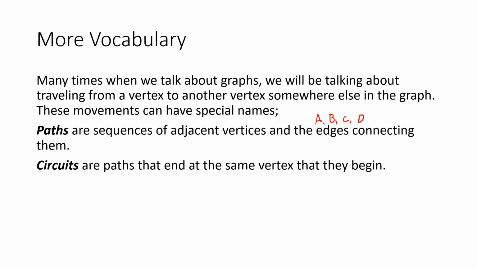So a circuit could be just like that path we just had, but then when we're done, we end at A. A circuit will always end at the same point it started. A path doesn't have to. All circuits are paths, but not all paths are circuits. This is like the square rectangle thing. Any questions?